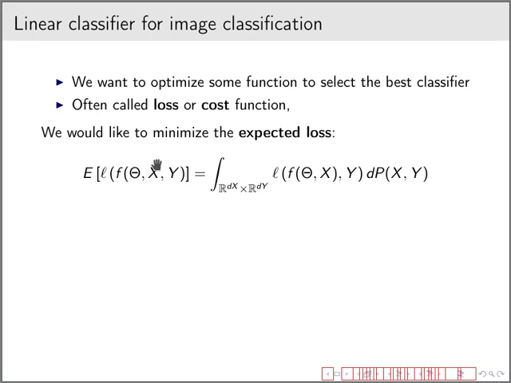This function will operate on X and Y, capital X and capital Y. Why am I emphasizing that? Because it's the expected loss, X is composed of all possible input data, and Y of all the output data.